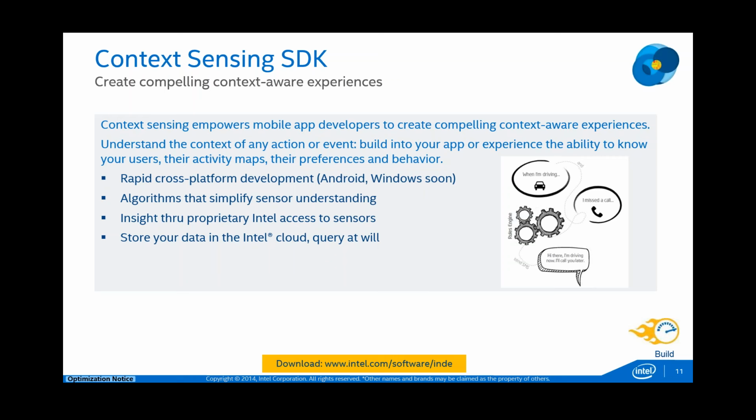This works on Android. We have the complete context sensing APIs ready for Android, and it's coming soon for Windows. With this, you will be able to get access to the internal Intel sensors, and you can also get data about where you were at what point of time, and so on.